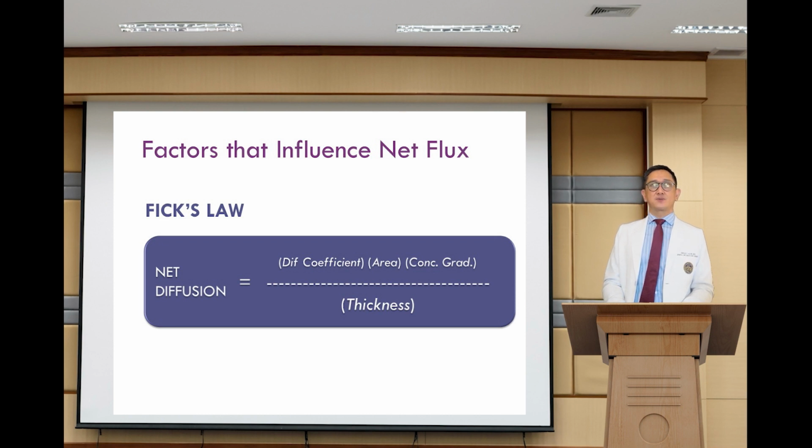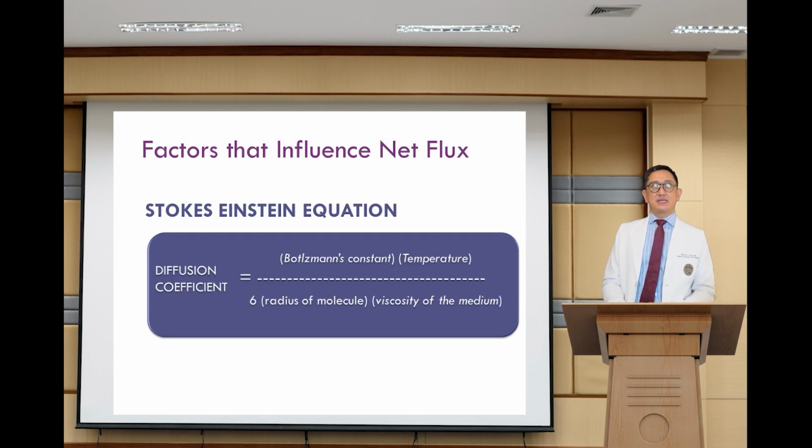And what are the factors that will affect your diffusion coefficient? So this is depicted in this equation, your Stokes-Einstein, Boltzmann constant, temperature, the radius of the molecule, viscosity of the medium. So on the numerator again, if you increase the temperature, the constant, you increase the diffusion coefficient. If you increase the diffusion coefficient, you increase diffusion. Okay? How about radius and viscosity? This will greatly affect your diffusion coefficient and eventually slow down your diffusion.